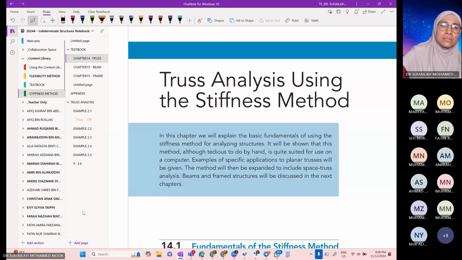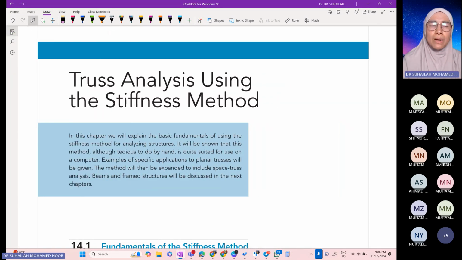For this first session, because it is a new topic, you have no choice, you have to listen carefully, because I will introduce many new terms. It is the same as flexibility method: once you understand the procedure, the fundamentals and the terms, understanding the truss means you should be able to solve beam and frame.